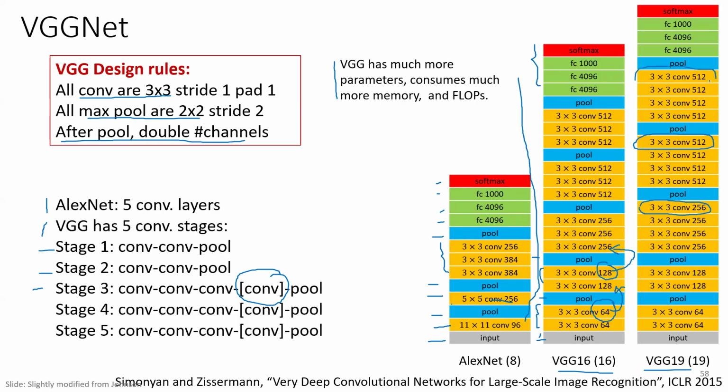So I hope VGGNet is also clear. If you like, you can look at this diagram and you should be able to implement this in PyTorch. Of course, implementing the first one is the cumbersome one. After that, these things are not so hard.